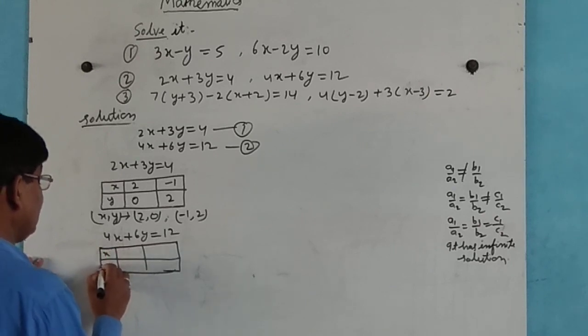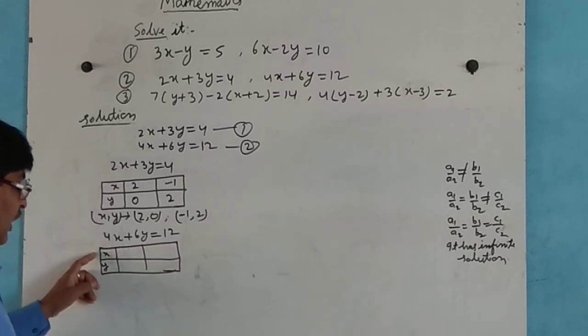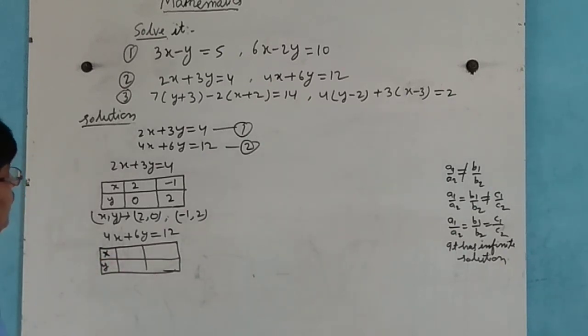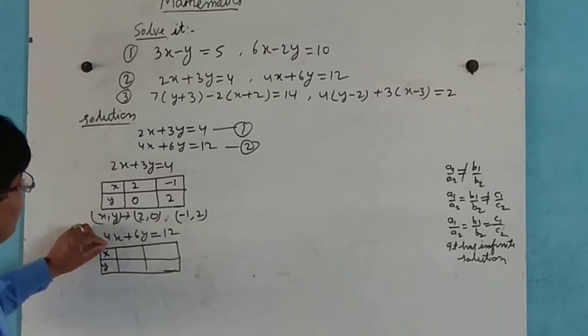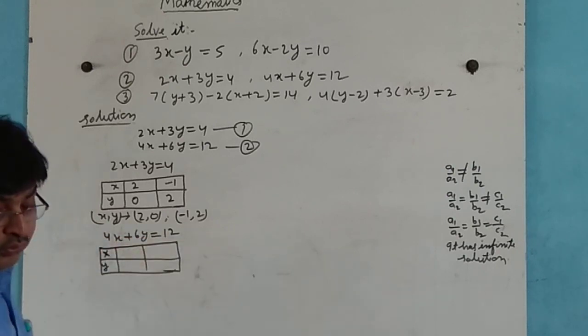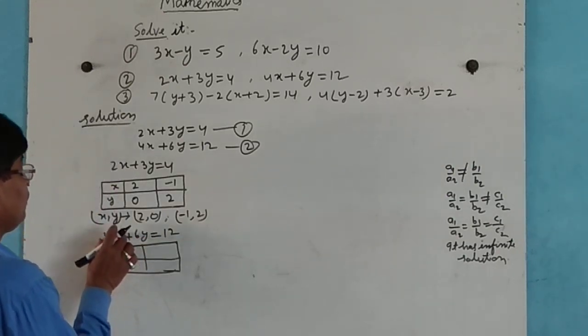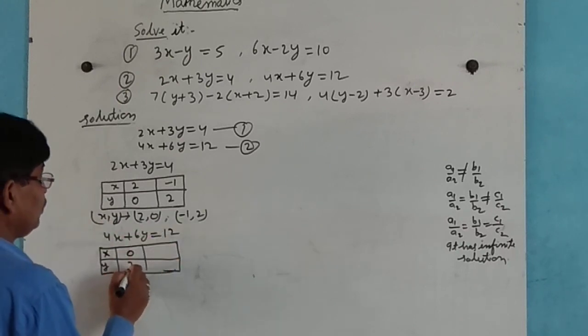If you put x equal to 0, this becomes 0, y is equal to 12 by 6, 2.